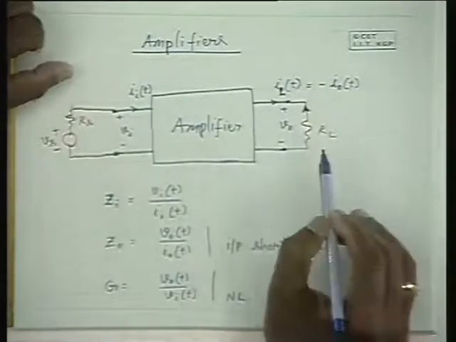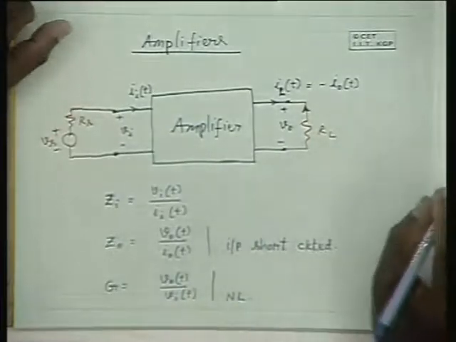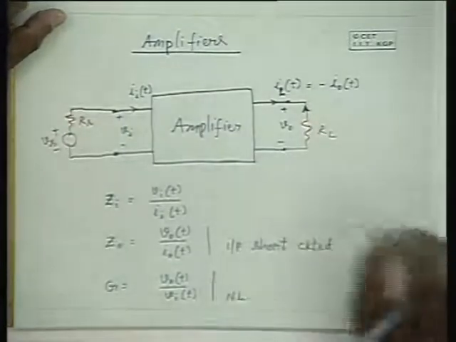The overall gain becomes less than the no load gain of the amplifier, G. So this is what we have done in the last class. We derived an expression for that.